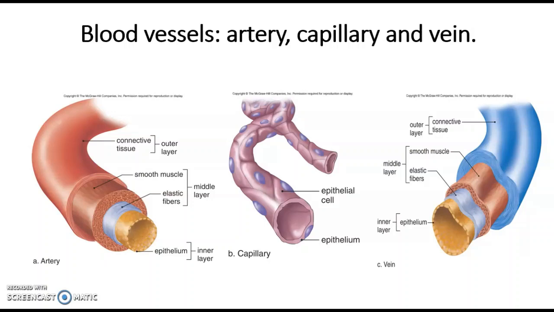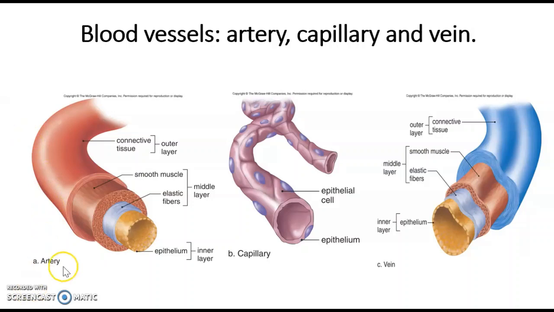They are tough on the outside, but they contain a smooth interior layer of epithelial cells that allows blood to flow easily. Arteries also contain a strong muscular middle layer that helps pump blood through the body.